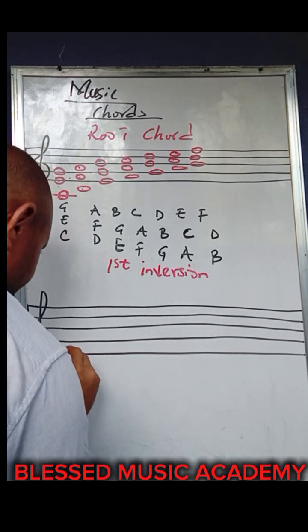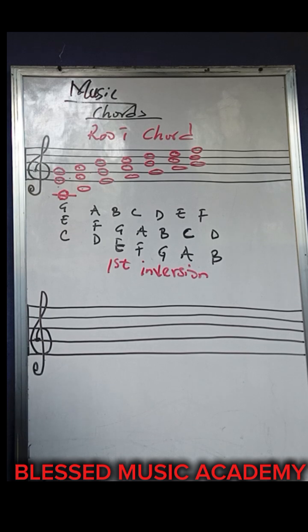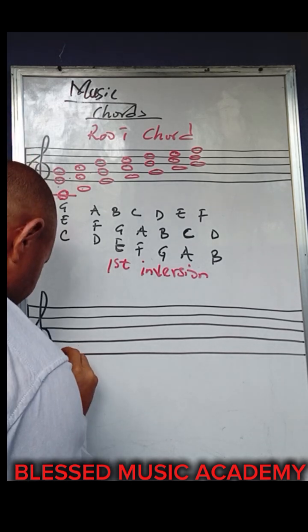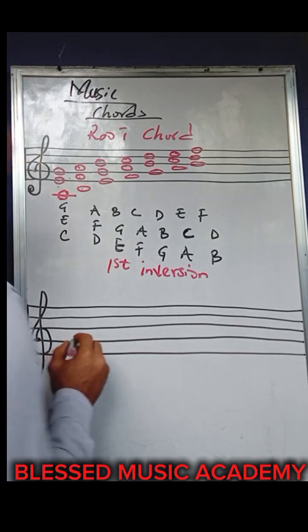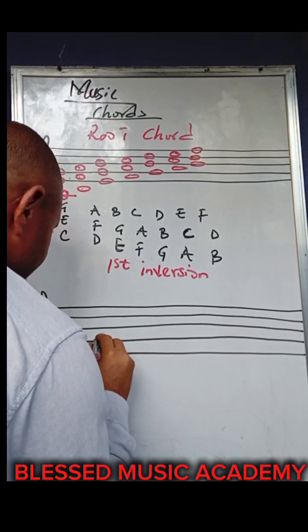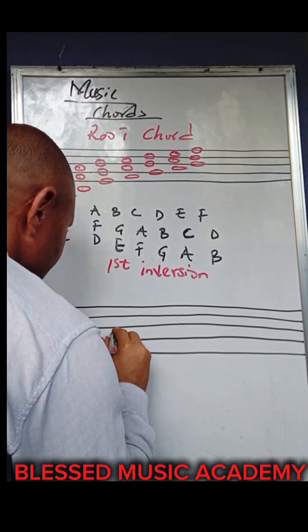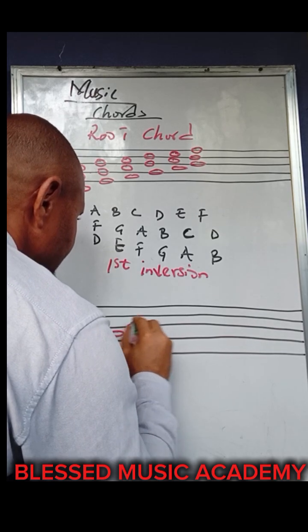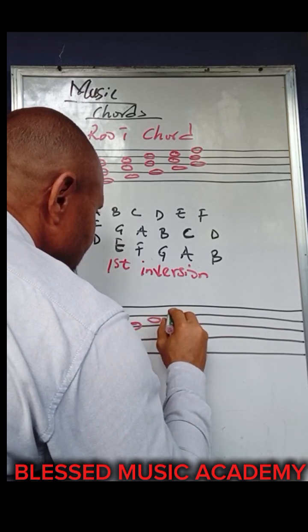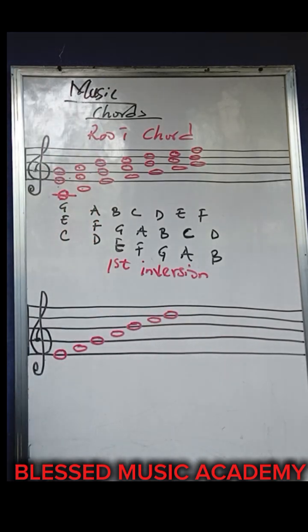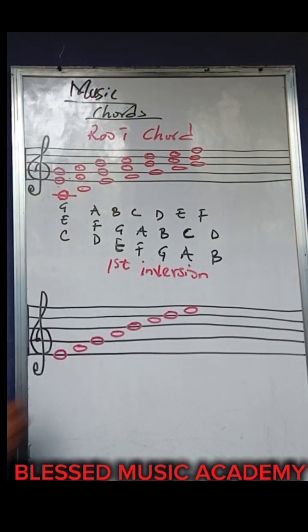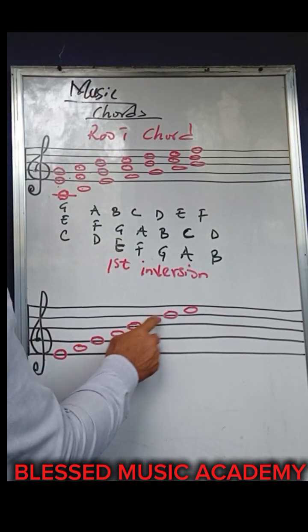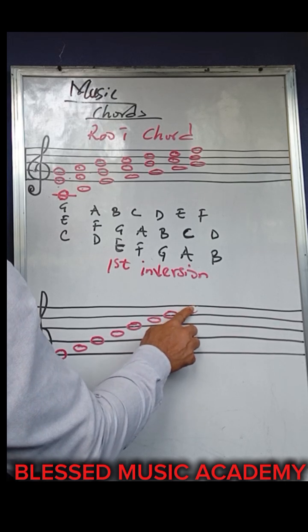My first inversion, I'm beginning from my third, so I can just run it that way. This is my E, F, G, A, B, C, D, and then E. 1, 2, 3, 4, 5, 6, 7. So I will just stop here.